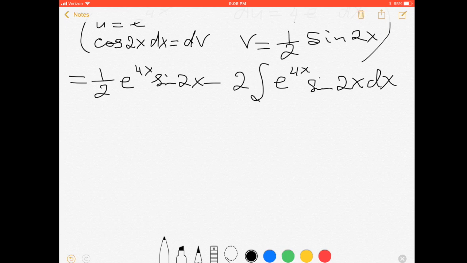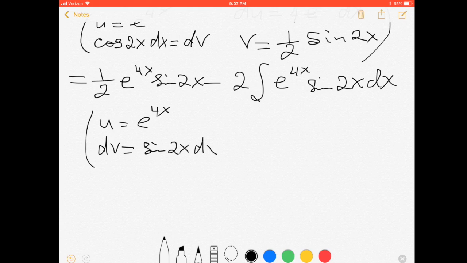Here we're doing the same as we did before. u is the exponential function, e to the power 4x, and dv will be sine 2x dx. This means du will be 4 times e to the 4x dx. What about v?